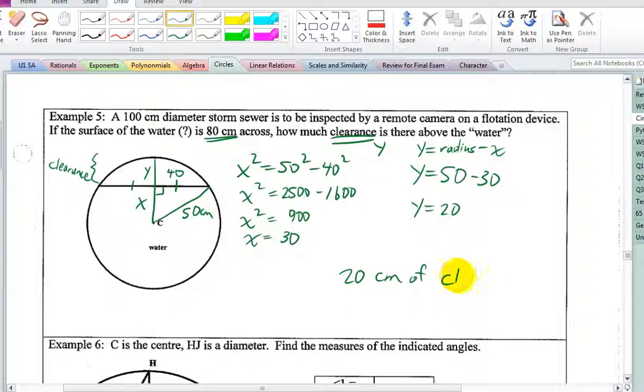In this short little sentence, 20 centimeters of clearance.